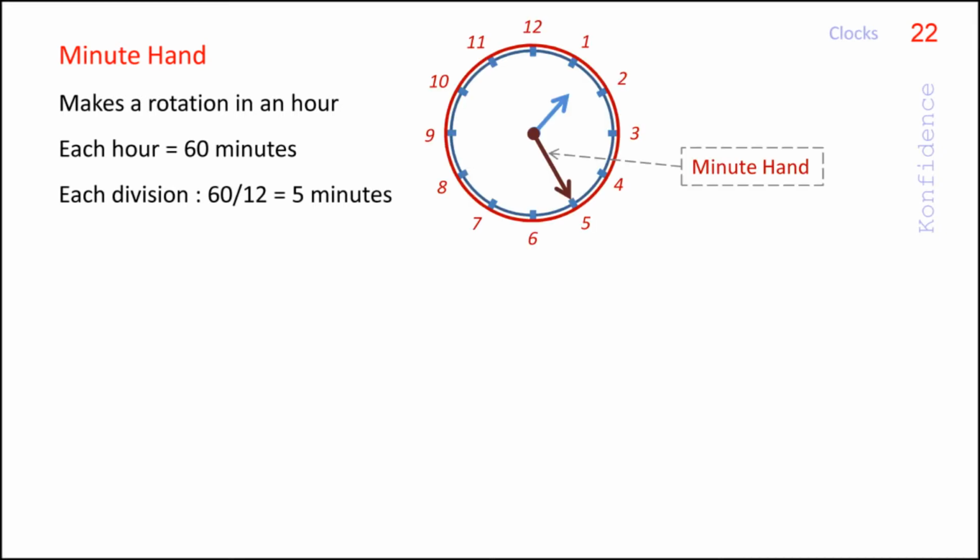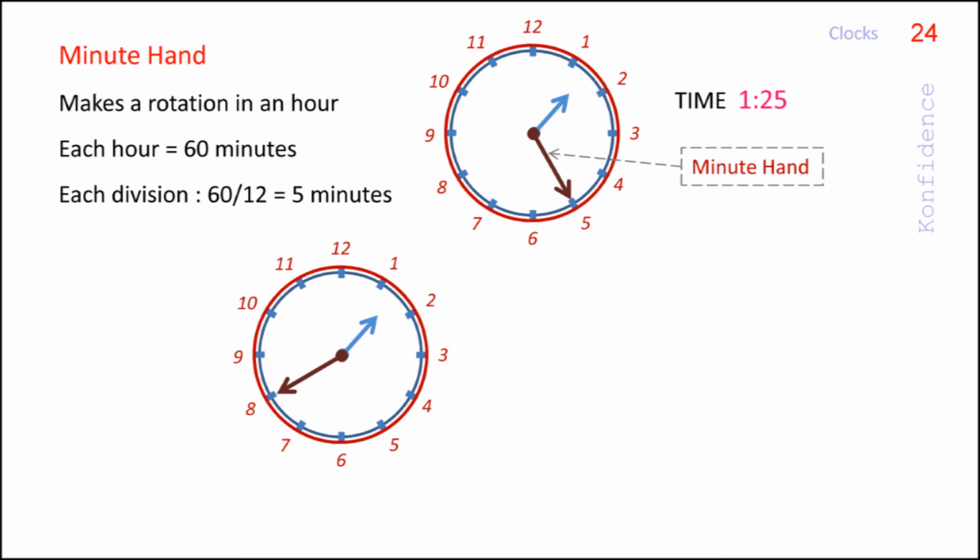The minute hand at 5 will indicate 5 into 5 or 25 minutes after the hour. The minute hand at 8 will indicate 40 minutes past the hour. 5 into 8 equals 40.